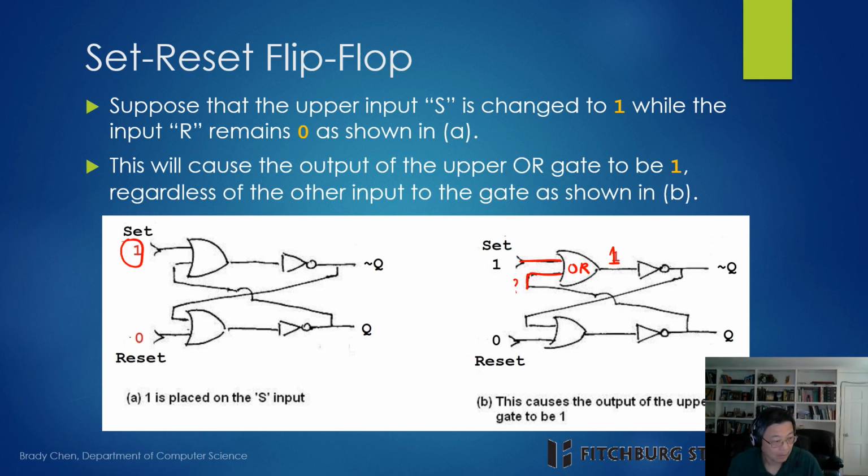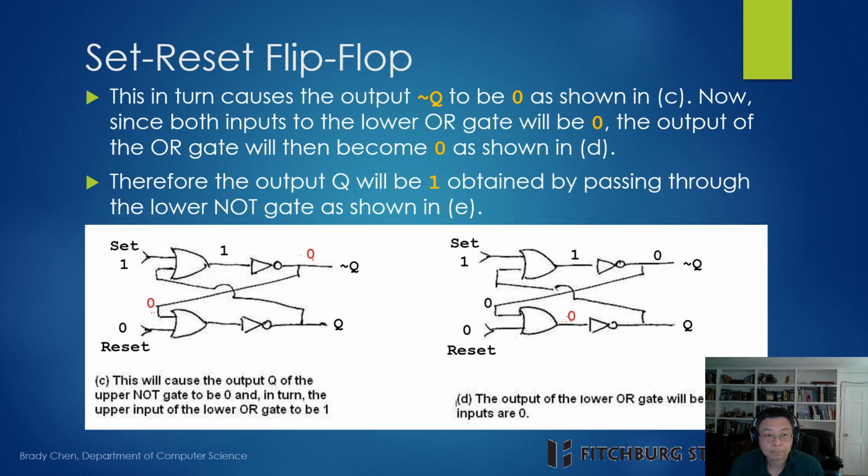Okay, let's move forward. Once we set the set input value to 1, we know the output of the upper OR gate becomes 1. And then the output of the upper NOT gate will be 0, right?